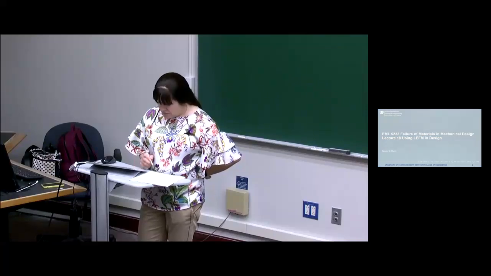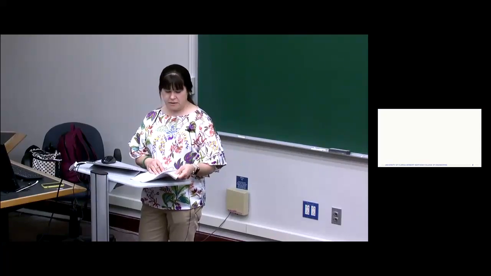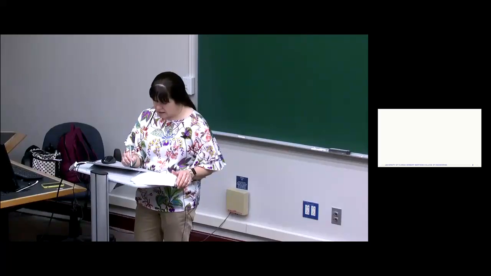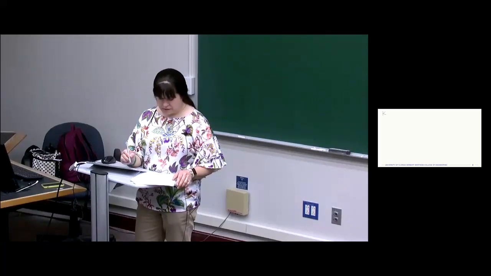So we came up last time with an equation where we had a fracture toughness, which we were calling K, and we equated that to some geometric factor, we'll call it C, times a local stress, times the square root of pi times the crack length a.